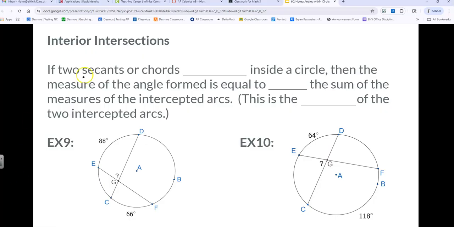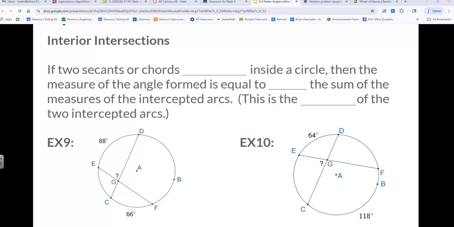Let's talk about a couple other types of angles. Actually, I'll tell you what, some more types of intersections that we have to look at. Okay, so we looked at central angles and inscribed angles already. Those are going to be the most important, the key things that you have to have. But there are a few other types of angles that we have to be able to find within circles.